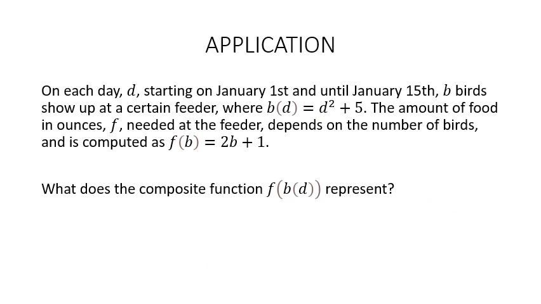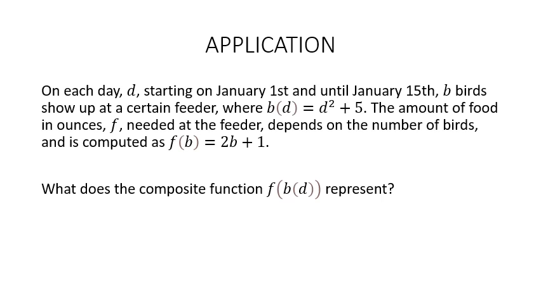The third question was what does the composite function f of b of d represent? So f of b represents the amount of food given the number of birds. b of d represents the number of birds given the date between January 1st and January 15th.